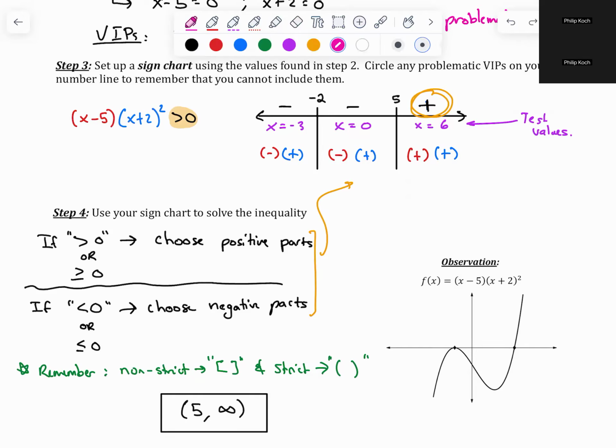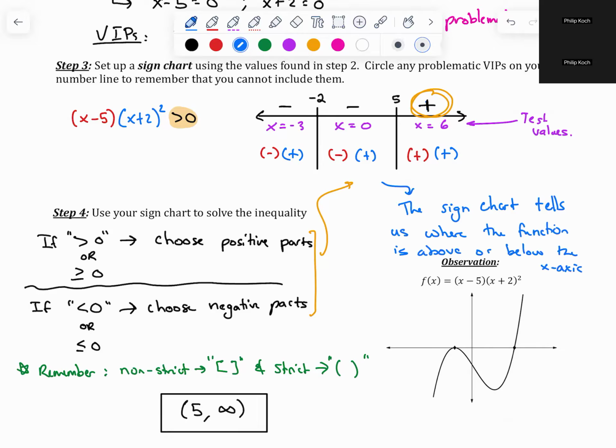And so what I'm going to say is that the sign chart tells us where the function is above or below the x-axis. So, write that down and I'll explain what I mean.